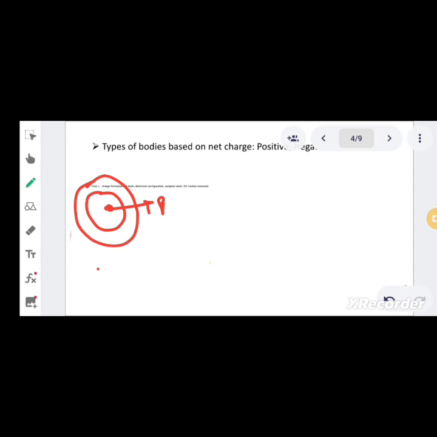For example, carbon atom. In the carbon atom, the inner orbit has 2 electrons and the outer orbit has 6 electrons, since its atomic number is 6.